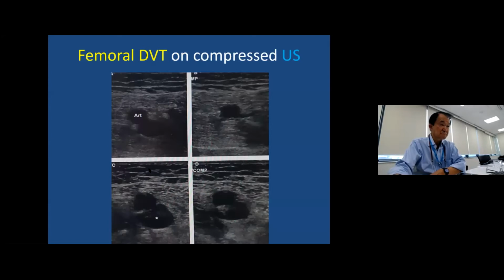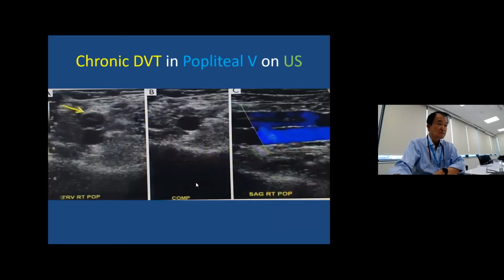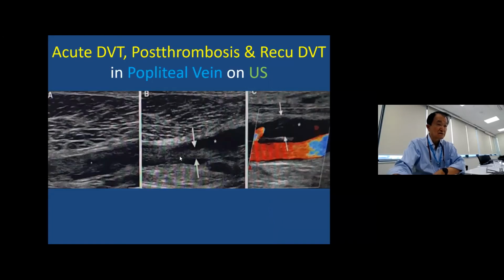So on this ultrasound of the femoral vein, you can see some echogenic clots here. The femoral artery and vein run together. And certainly Doppler can show color. So there's a blockage here. If there's flow, you can see it here. There's a blockage here.